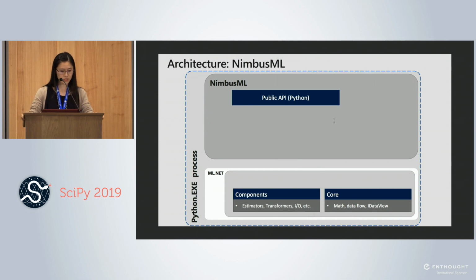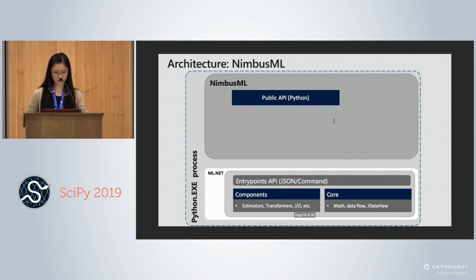So coming to the architecture of NimbusML, it's actually relatively simple for a data scientist like me, because we don't work on the most complicated part, which is the core part of ML.NET. On the NimbusML side, we have this public API in Python. Like you see, we can initialize the learners, we can do the fit, the predict, we can do the test.